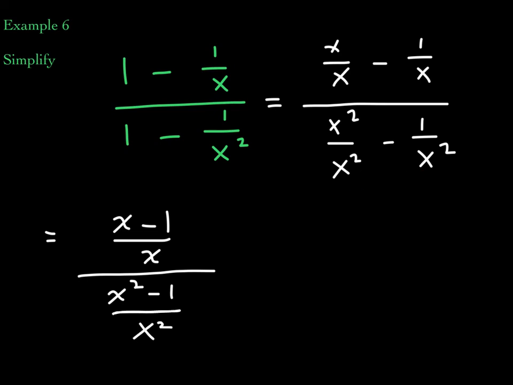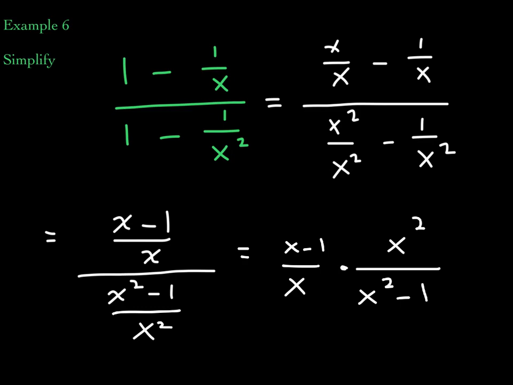And then we KCF. So we're going to keep the first fraction the same. So it's x minus 1 over x. Change this to multiplication. Reciprocate the second fraction. There. Okay, everybody? Now we can divide out common factors.